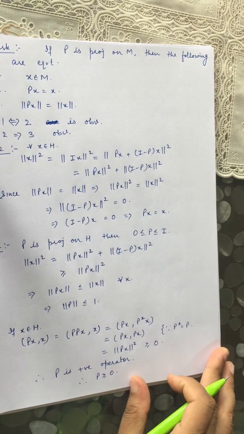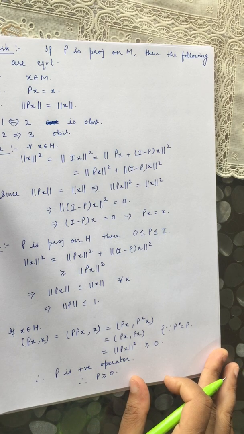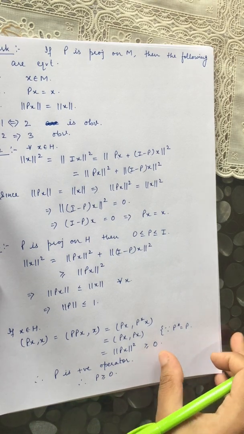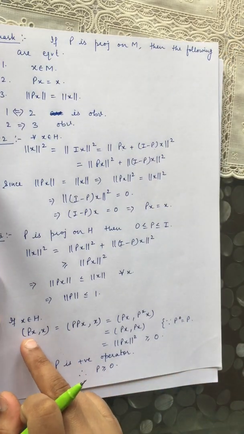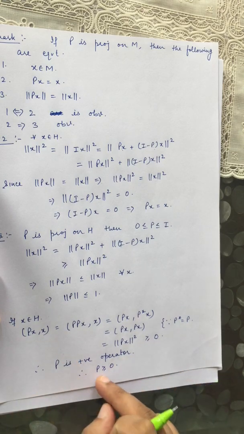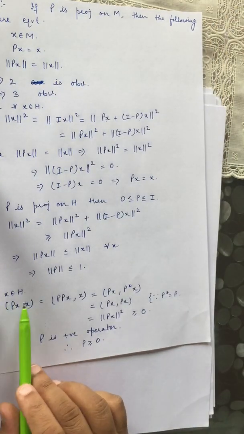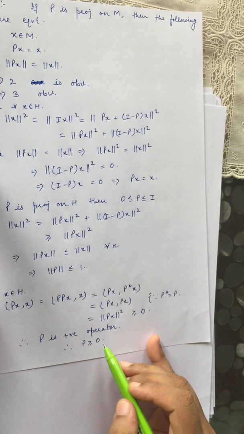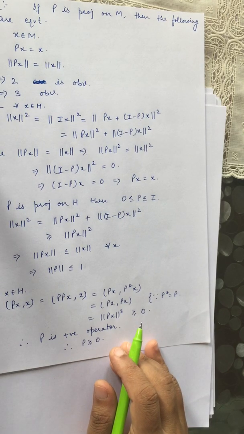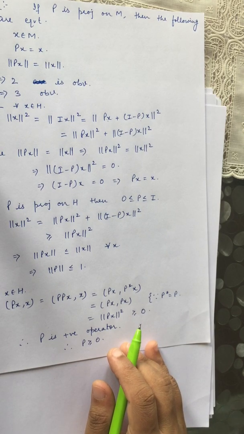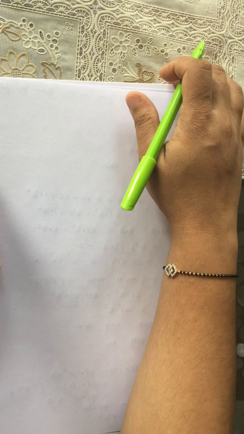So we say P is greater than or equal to 0 because we have defined earlier a relation, a partial order, for the operators, in this sense that if the inner product of Px with x is greater than something, then P is greater than that. Now we have proved here that if P is a projection on some space M, then P is greater than or equal to 0. That means it is positive. Now we know if P is a projection, then I minus P is also a projection.